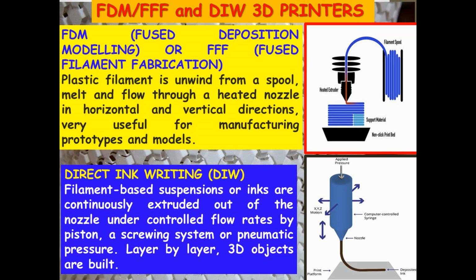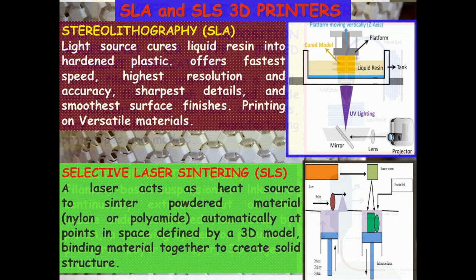This is very useful for manufacturing prototypes and models. Direct ink writing (DIW). Filament-based suspensions or inks are continuously extruded out of the nozzle under controlled flow rates by a piston, a screw system, or pneumatic pressure. Layer by layer printing, and 3D objects are thereby built.